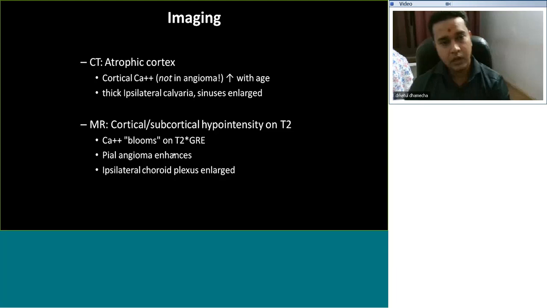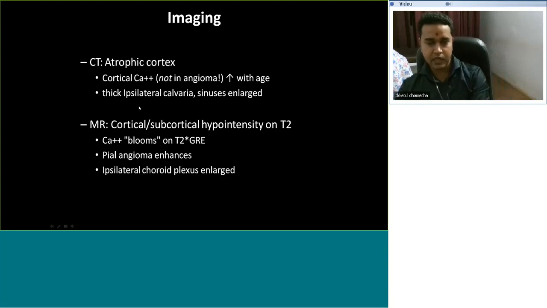Imaging: on CT, atrophic cortex, cortical calcifications that will increase with age. Thick ipsilateral calvarium, and sinuses are enlarged. In MR, you can see cortical, subcortical hypointensity on T2, blooming on the gradient images.